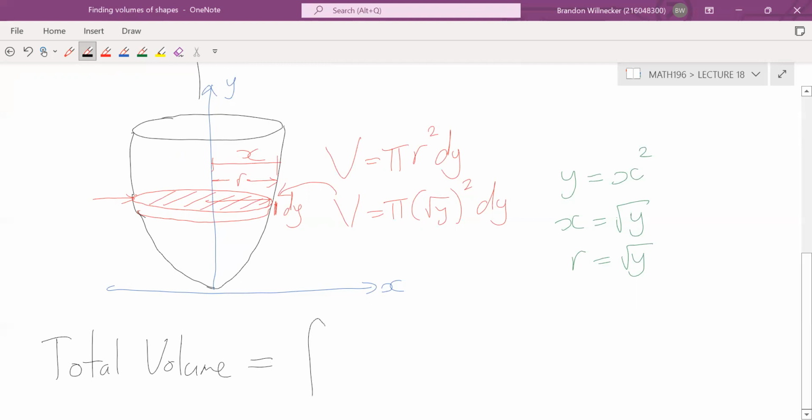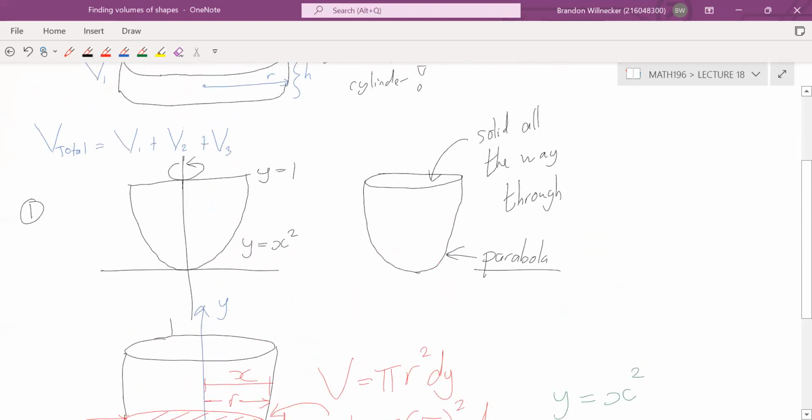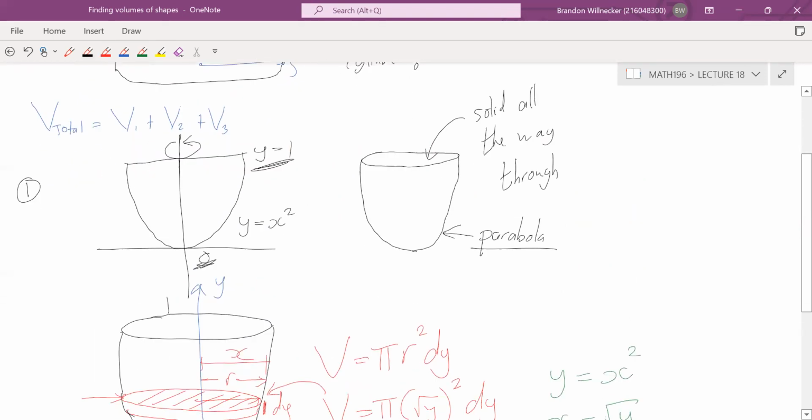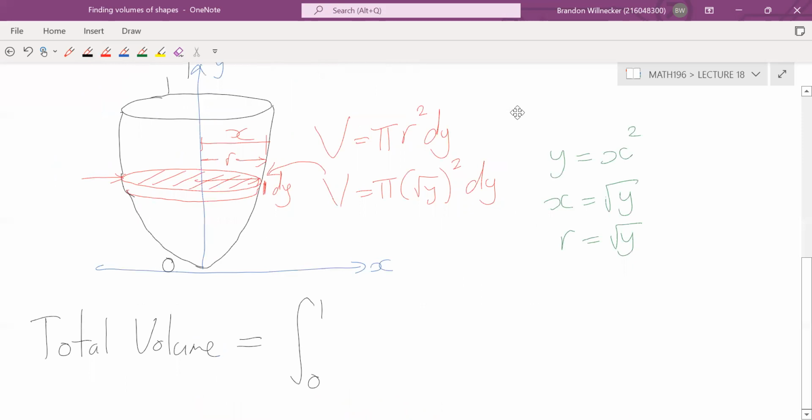So it will be the integral from 0 to 1, because remember the height went from 0 to 1. If we go back to here, so from 0 up to 1. And what are we summing up? We're summing up the volume of each individual layer. And that's given by pi root y squared dy.